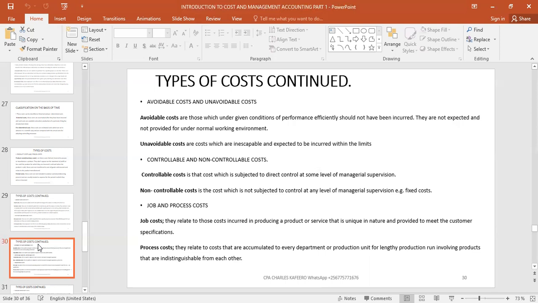Allow me to proceed to the next type of cost, which is controllable and non-controllable costs. Controllable costs are costs which are subjected to direct control at some level of managerial supervision. These costs can be controlled.